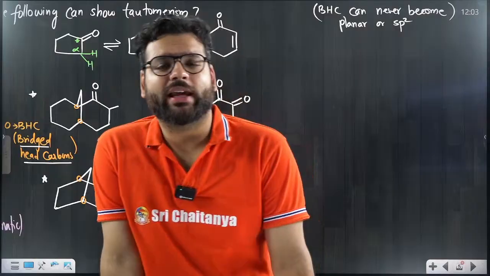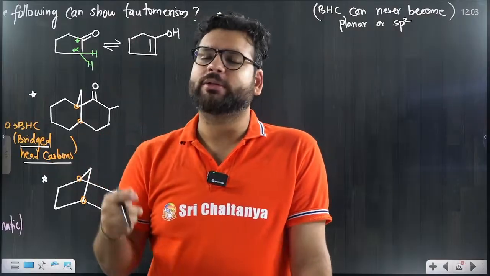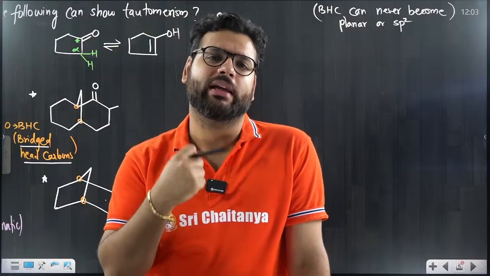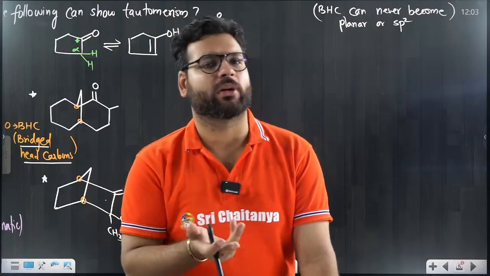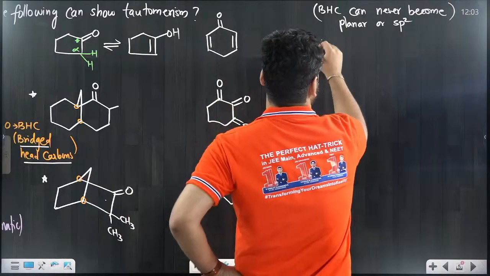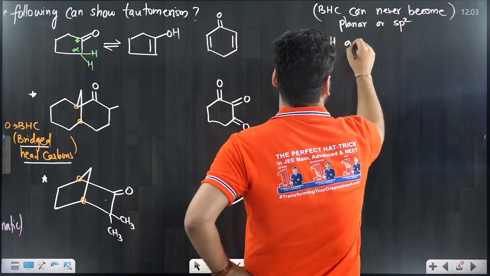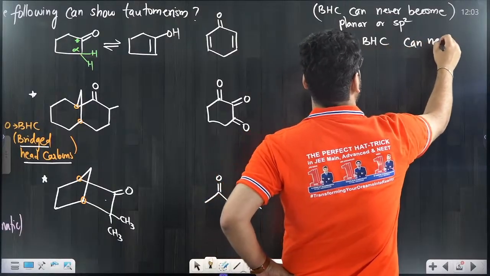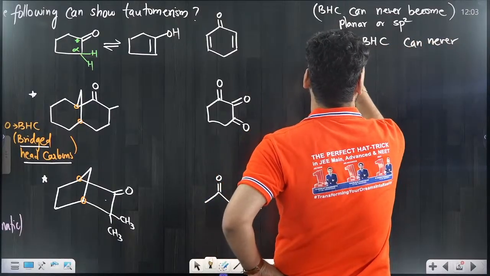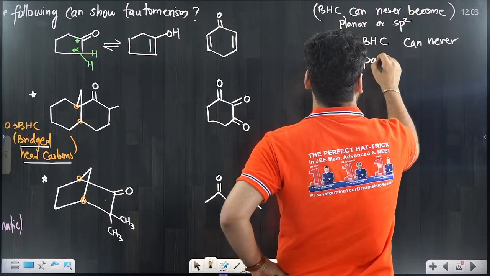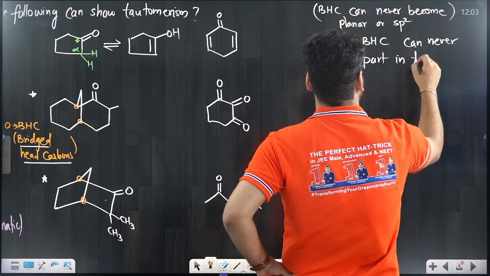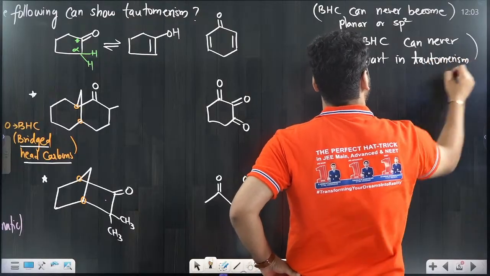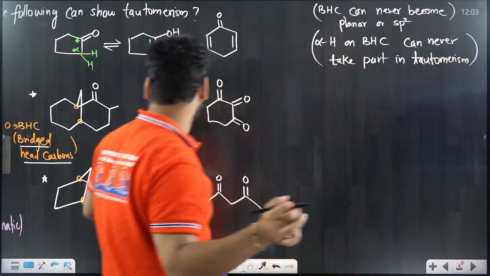Because if hydrogen takes part in tautomerism, sigma becomes pi, then BHC, bridgehead carbon, will become alkene. It will become planar, which is not possible. So remember this, alpha hydrogen on bridgehead carbon can never take part in tautomerism, can never show tautomerism.